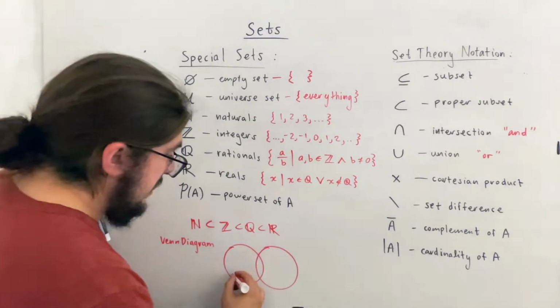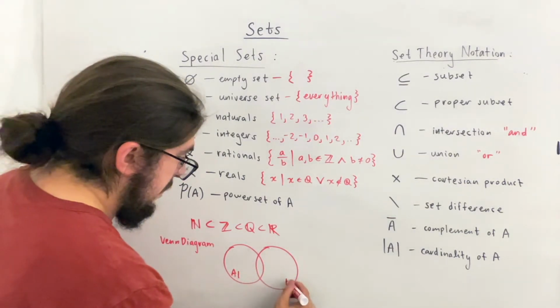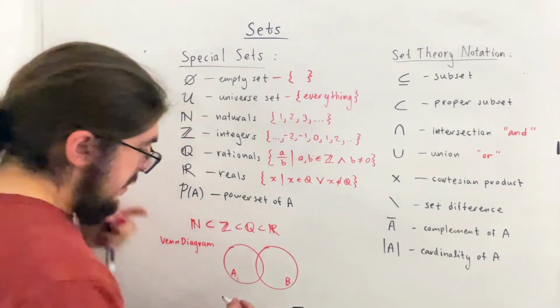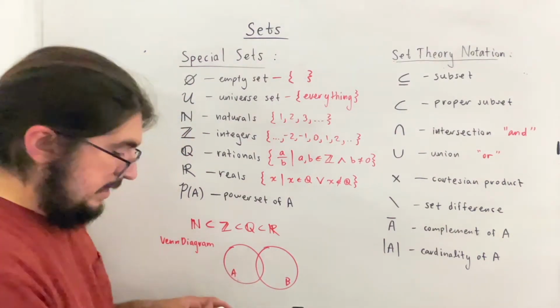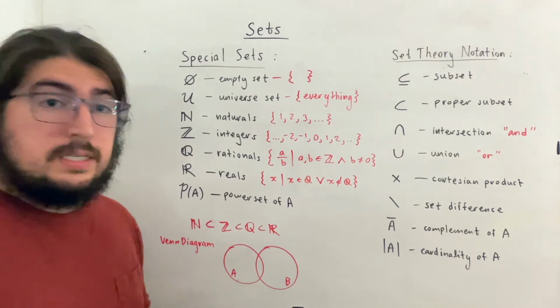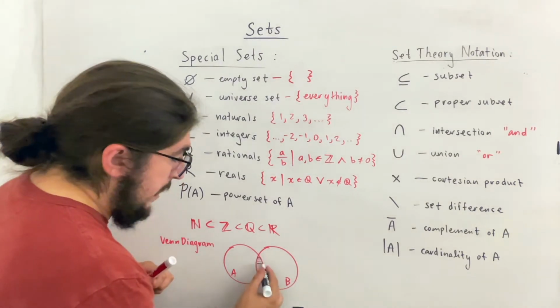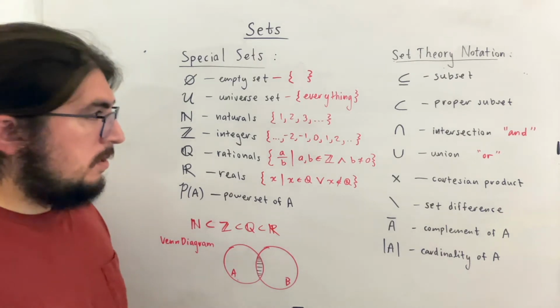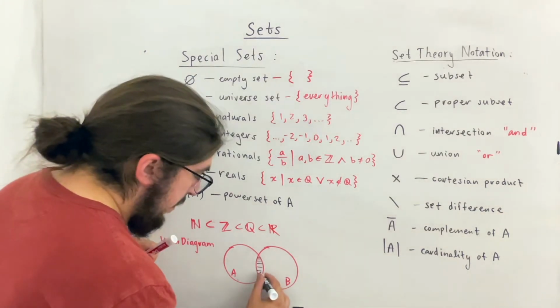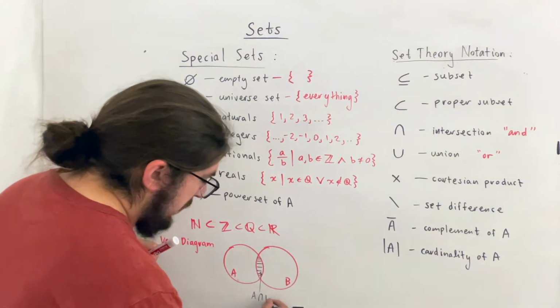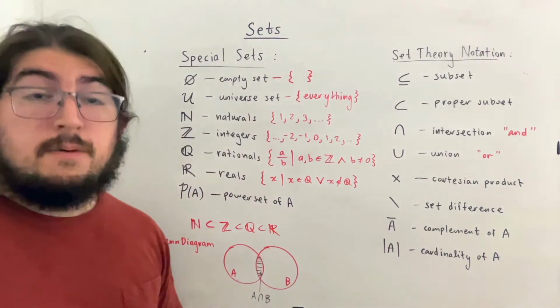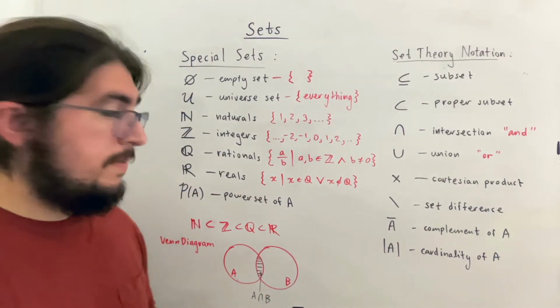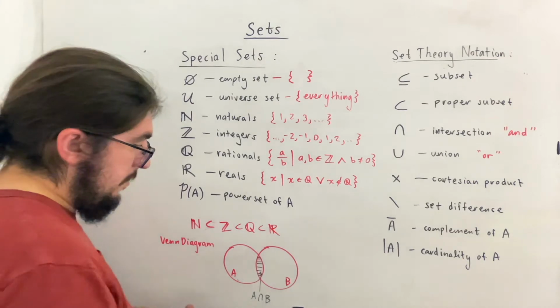So if you have two sets A and B, the intersection of these two sets is the set of all elements that is in A and also in B. Hence the and. Okay? So that's what intersection is. So this right here is A intersect B, the set of all elements that are both in A and also in B. Okay? Now that's for and.